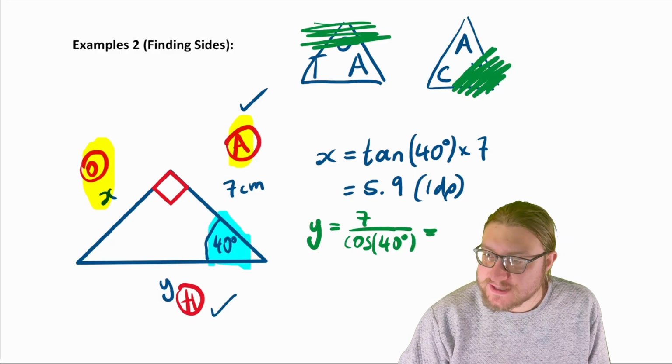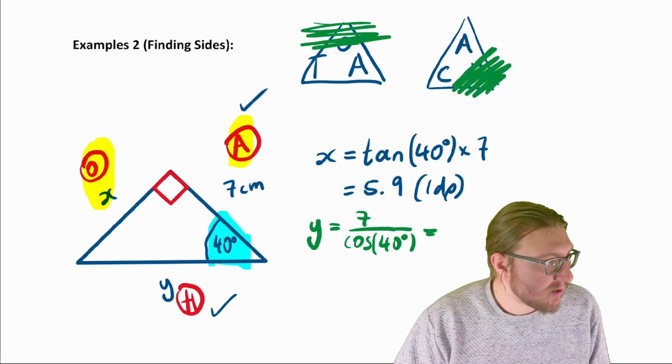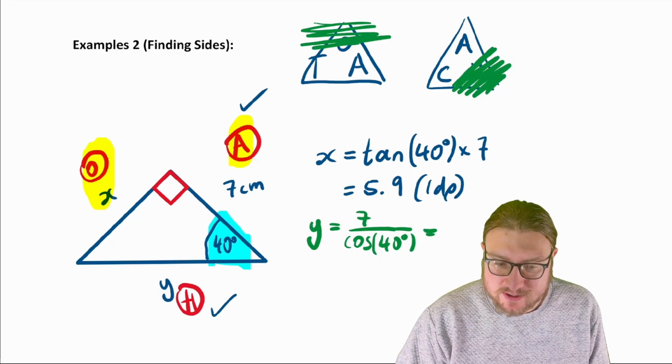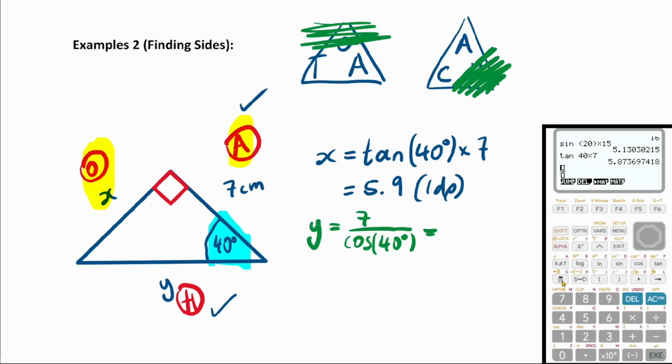Now, if we put this into the calculator again, you can just press the button for a fraction. And we're going to go 7 divided by cosine 40 degrees, which gives us 9.1. Again, 1 decimal place.